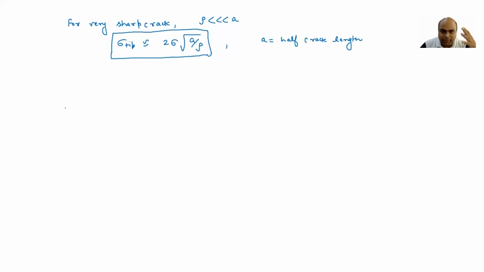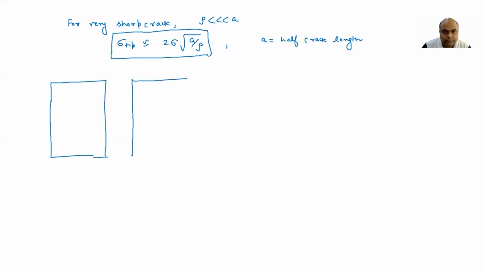So suppose, let me give you a qualitative way of understanding what happens when you increase the crack length, right? So suppose you have two plates of the same width, I am taking, and let's say the width is the same, W. Okay.